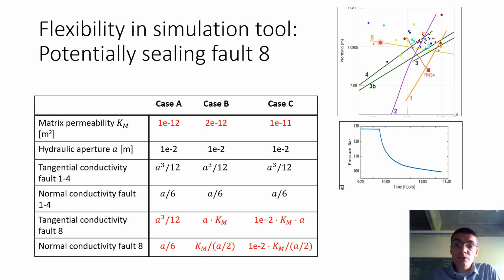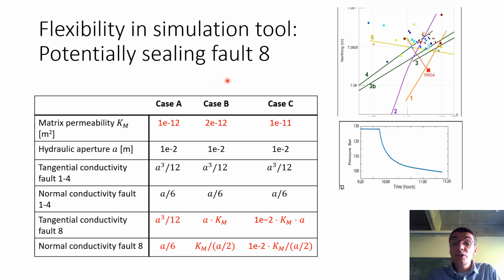So a natural question to ask then is whether this could indicate that fault number 8 is a seal. In order to investigate that, we devised 3 permeability cases. We got case A, which is a fault. It corresponds to fault 8 being open and more or less equal in property to all the other fracture faults.